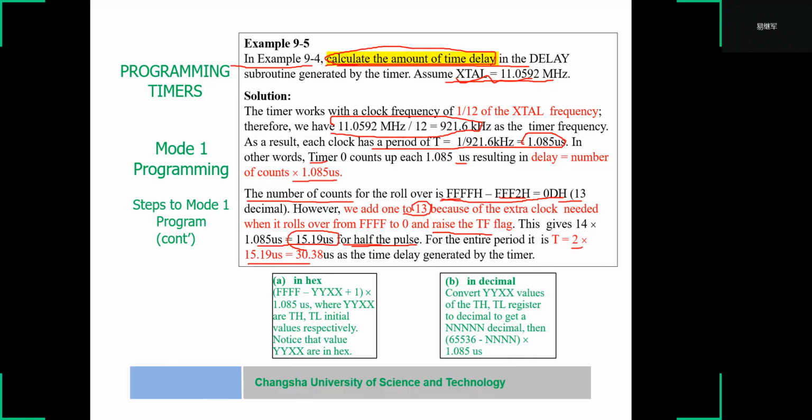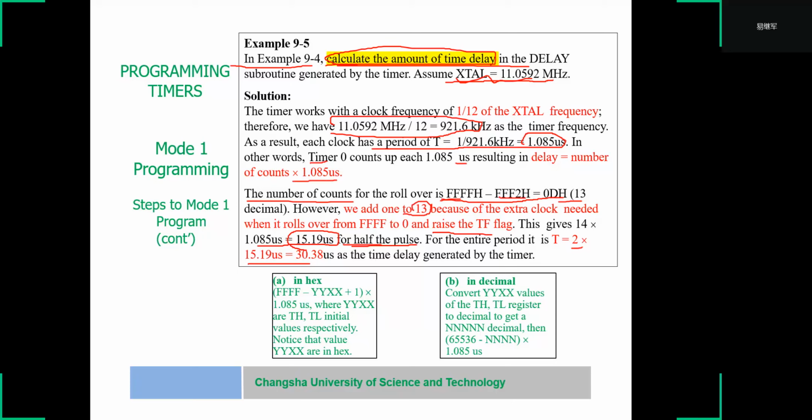So you want to know the delay time. If you divide the delay time by the machine time, you get how many times the timer counts.